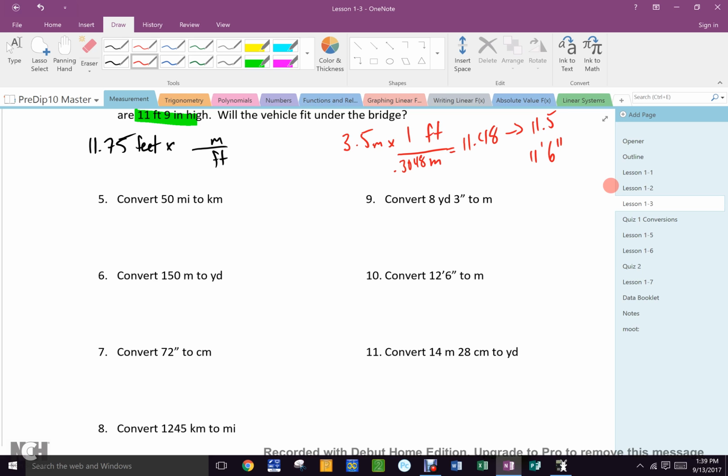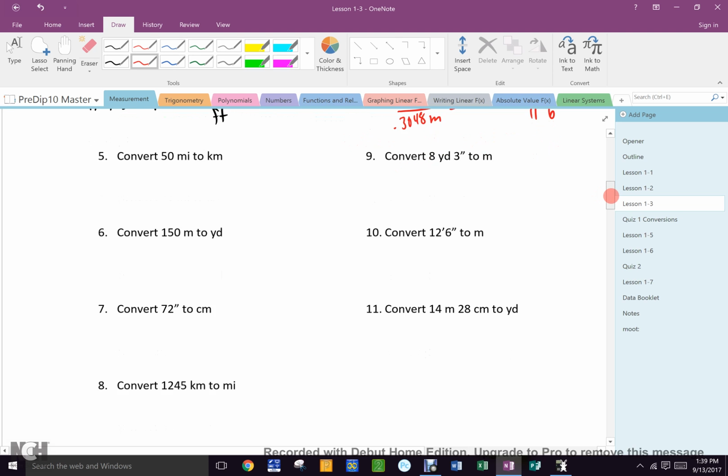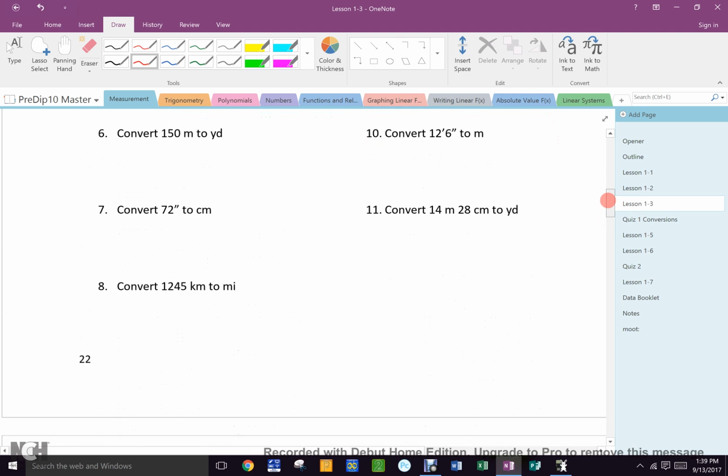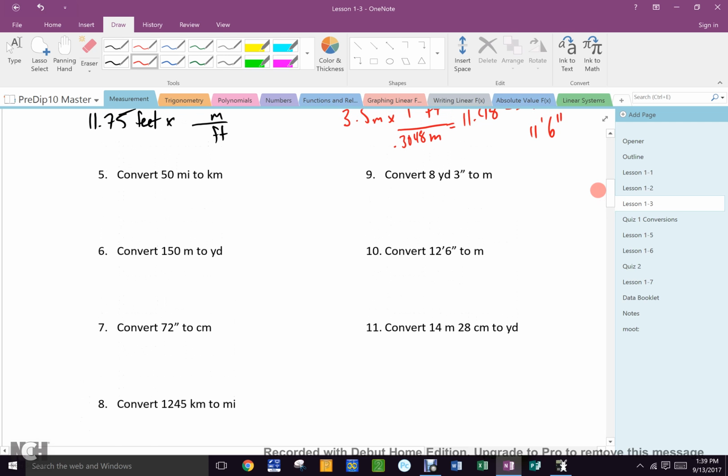And 2, when your answer comes up in miles, you can go ahead and leave it as a decimal. Okay? You don't have to change it into yards and feet, because I'm not a dink. Well, until question number 9, when I am. Oh, sorry, question 12.